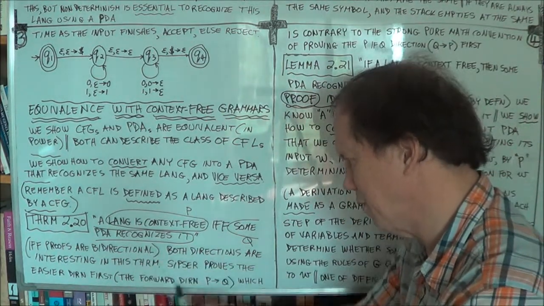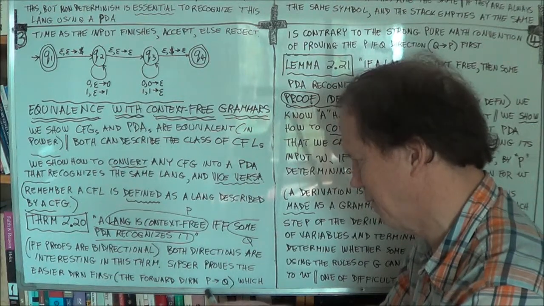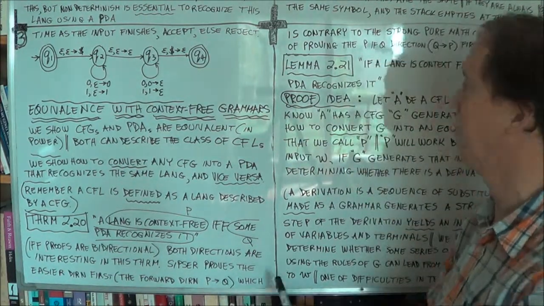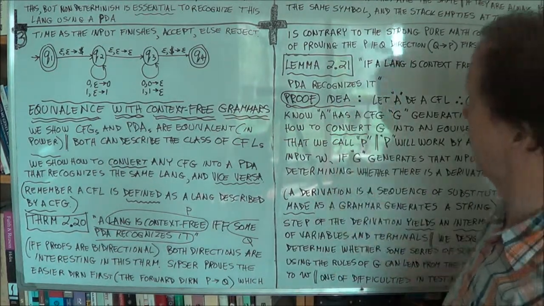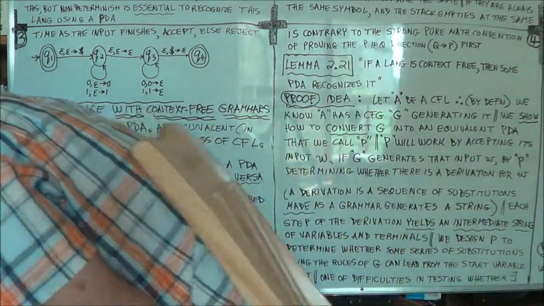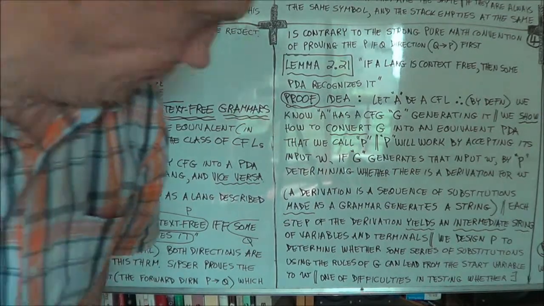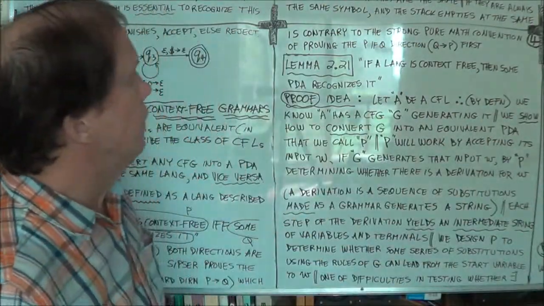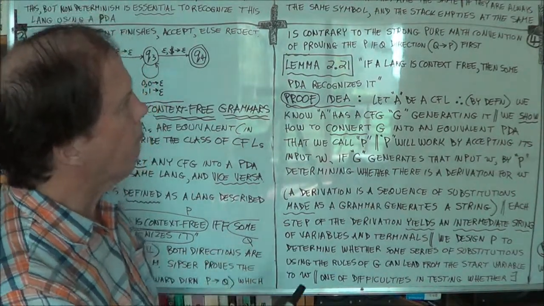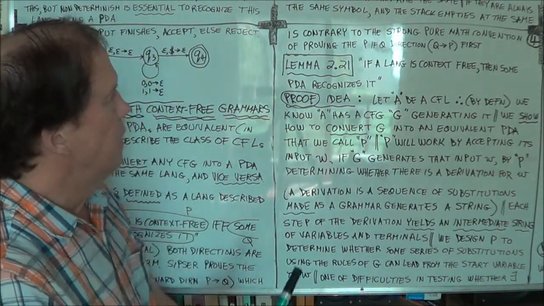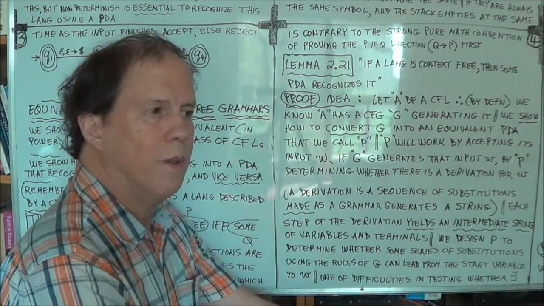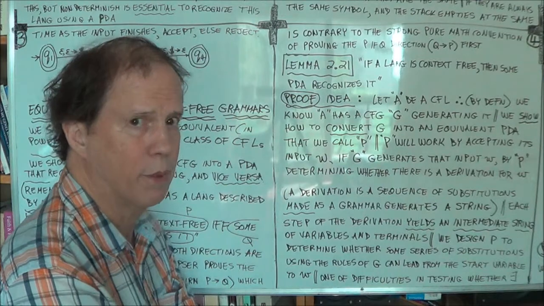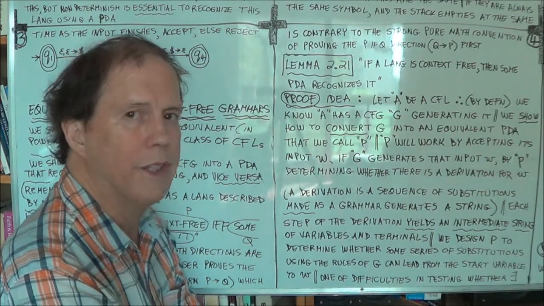But Sipser's going to do the other one first, the only if, effectively. So he's going to do the P arrow Q one first. As he did before, he's going to take these two parts of the if and only if proof and make a lemma of each of them.